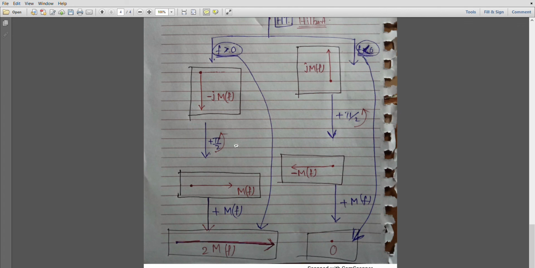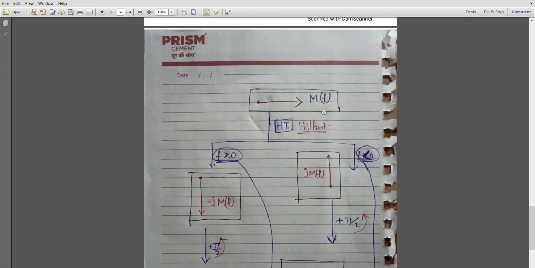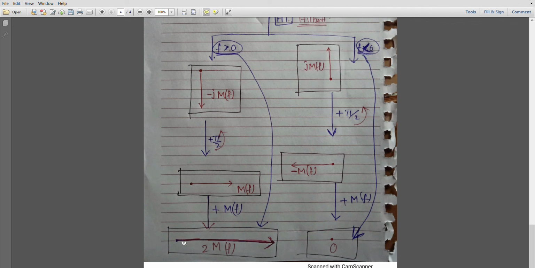And if we add this to the original function, which is M f, we will get 2 M f and here 0. So for f greater than 0, or positive frequency, we will get 2 M f, but for negative frequency, we will get 0. And this is the ideal case, for theta equal to pi by 2.